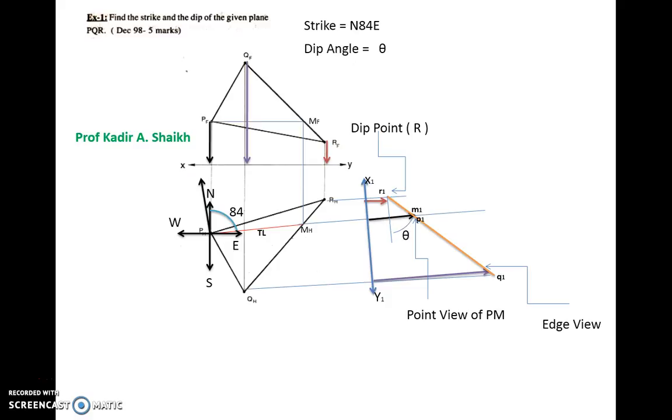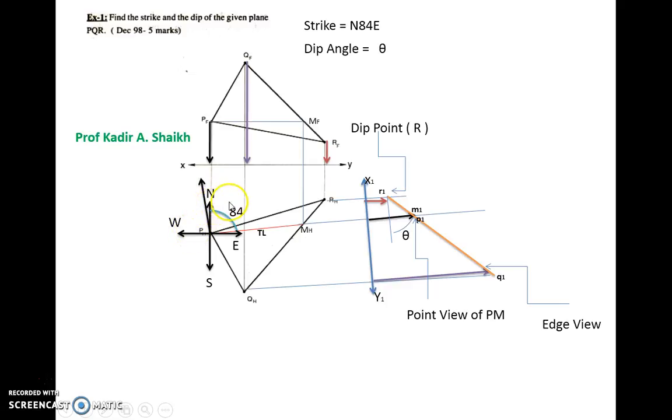Now draw one line which shows the direction, passing through R1 and perpendicular to the true length. So if I draw one arrow perpendicular to true length, in the direction perpendicular to true length here, now this arrow will fall in the zone northwest.